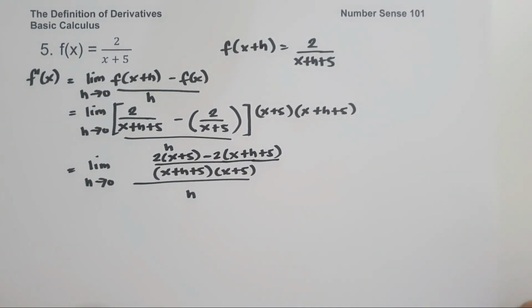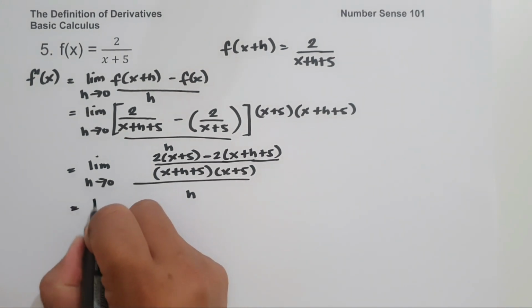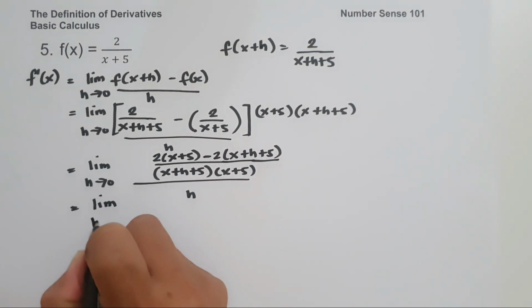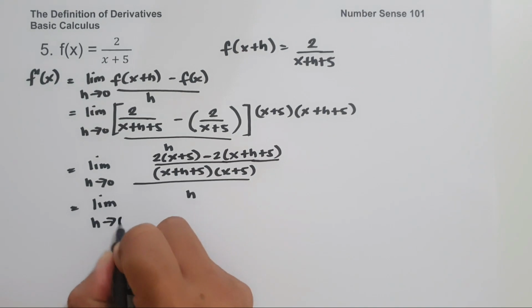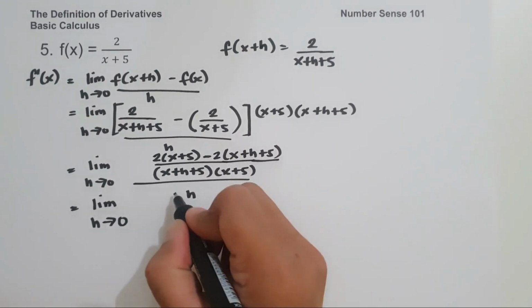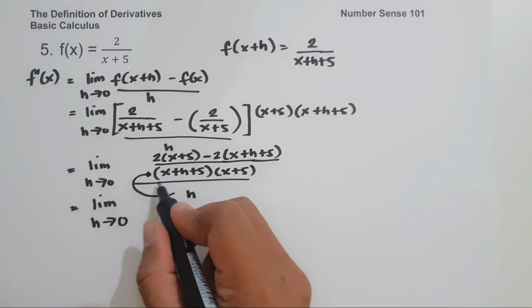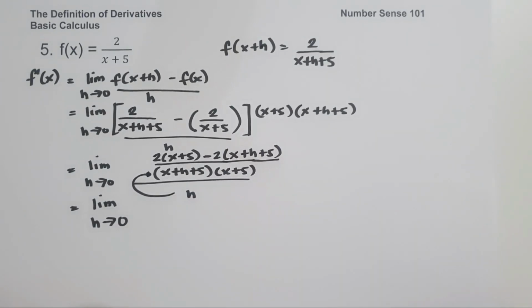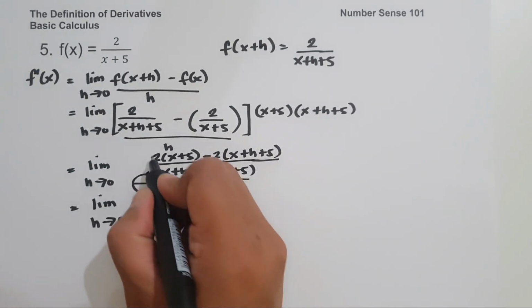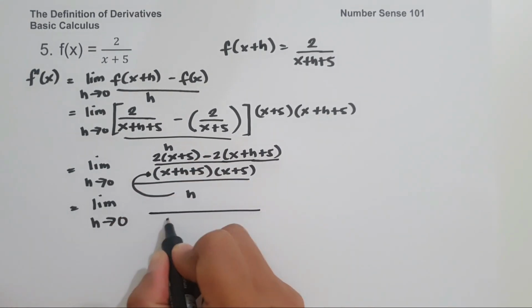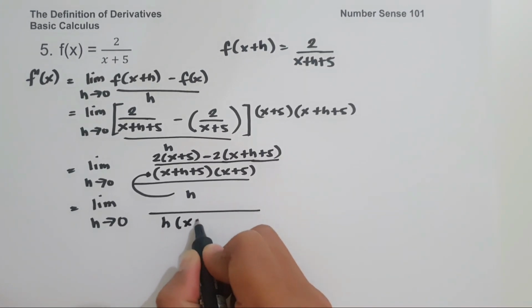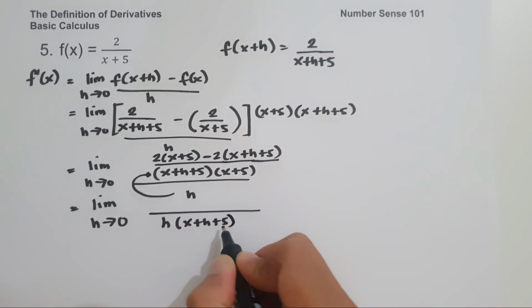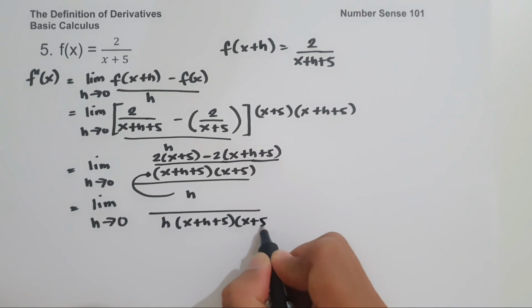Okay, and to simplify, let us have the limit as h approaches 0. Let us multiply h by the denominator of the numerator. Let us have h times quantity x plus h plus 5 times quantity x plus 5.